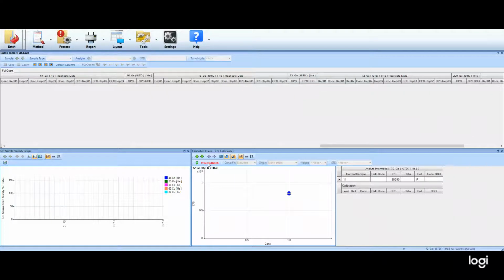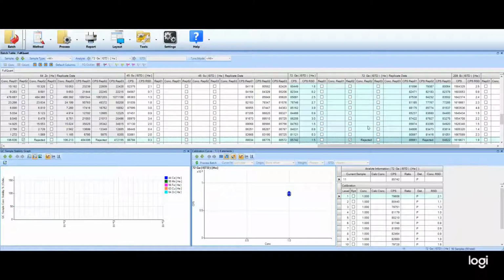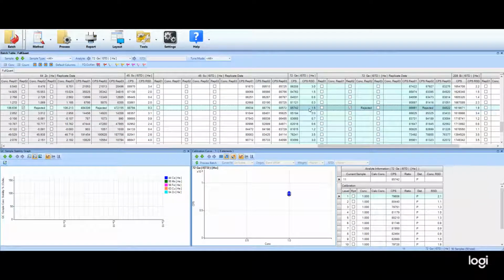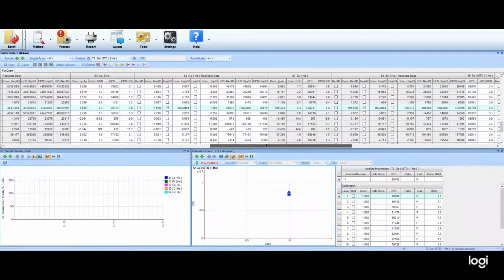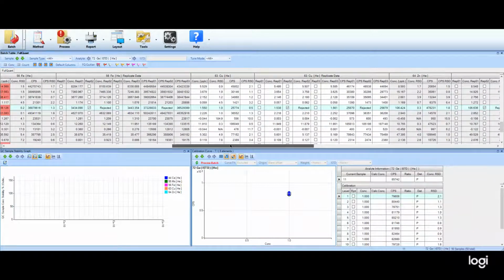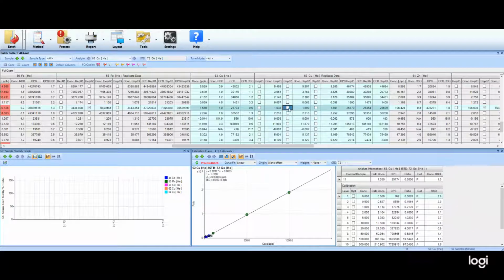Then it will recalculate the relative standard deviation for this internal standard. I can do this with each element. For each element where I have something similar, I can simply ignore it. For example, here I have done this for copper.